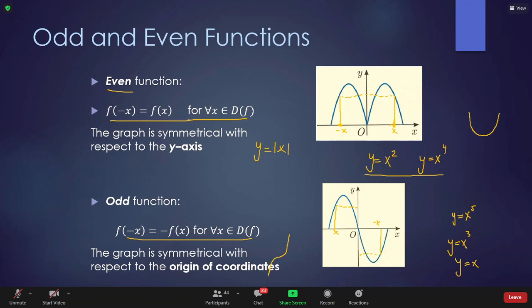Opposite x values do not have equal y values, and opposite x values do not have opposite y values. They have completely different y values, or maybe one of those x values has no y value, they don't both belong to the domain. Those are simply general functions, neither odd nor even. We can say general function, not odd, not even, it's general.